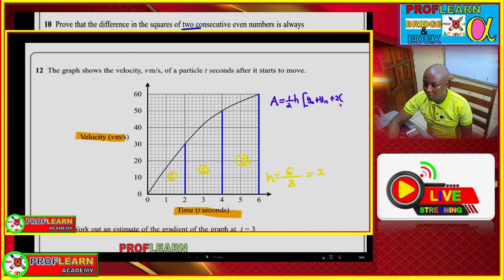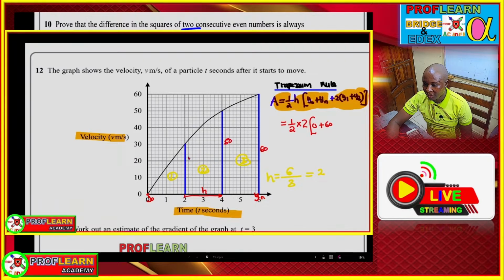We are going to write the formula for trapezium rule, and this is the formula. We shall use that trapezium rule. You need to understand this one is going to be our y naught, and this one is going to be our yn, the last one. The height of each strip is going to be 2 units. So this is going to be a half times 2, and this is going to be 0 plus 60.